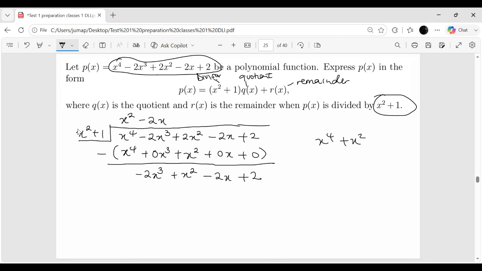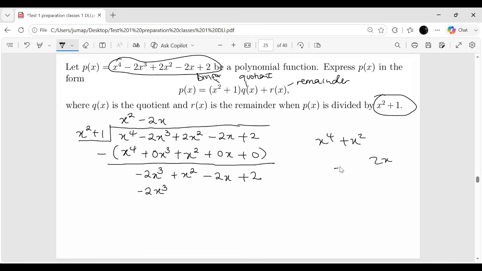When we multiply with everything that is here, we're going to have negative 2x times x squared, that will give us negative 2x to the power 3. Then negative 2x times 1, that will give us minus 2x. It's what I'm supposed to get.